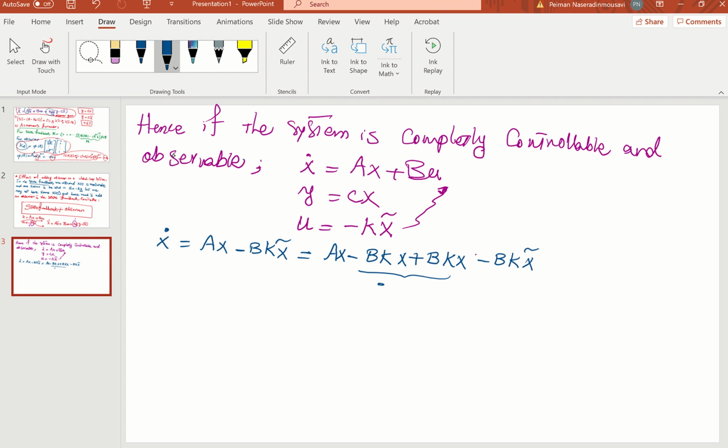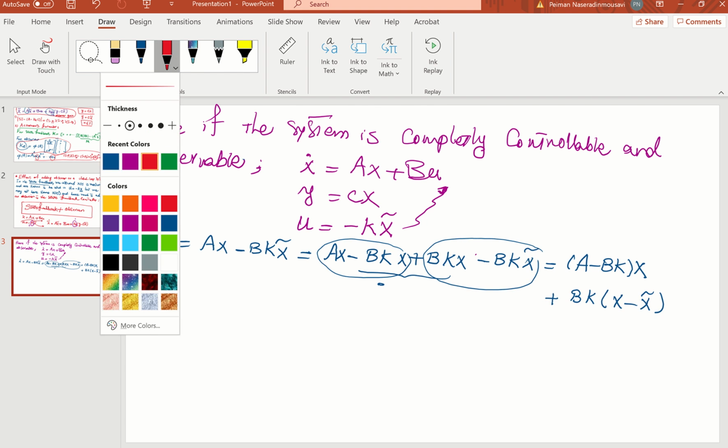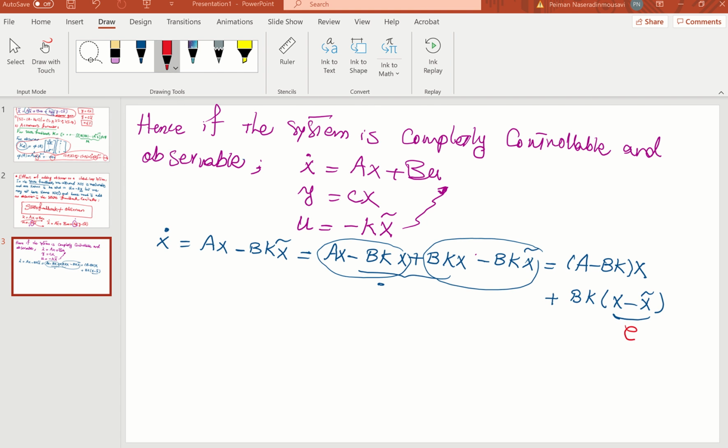So you see that these two you can factor out x, so A minus BK in x, right? And now you can factor out here plus BK times x minus x hat. But what is x minus x hat in the observer? I told you this is e, remember?